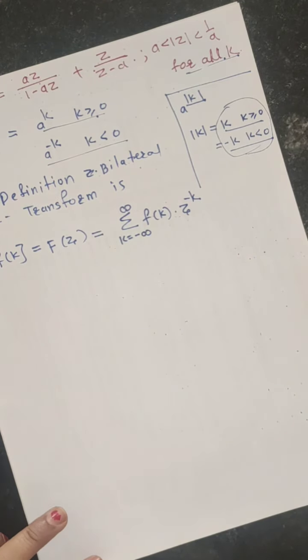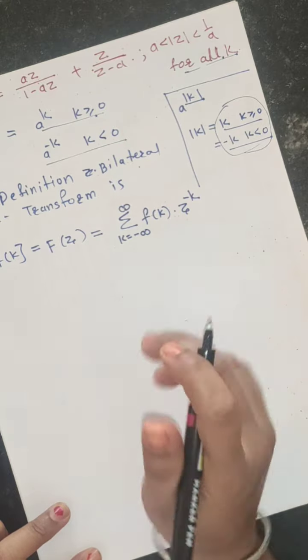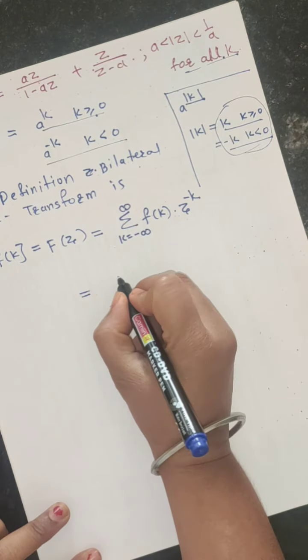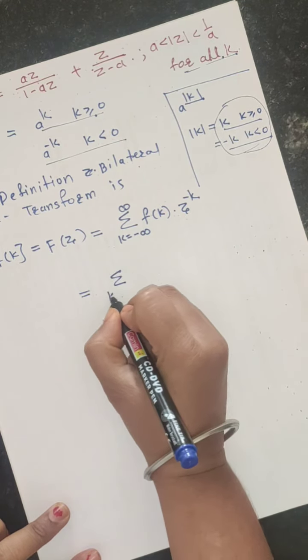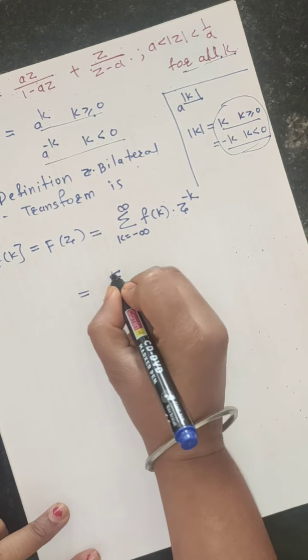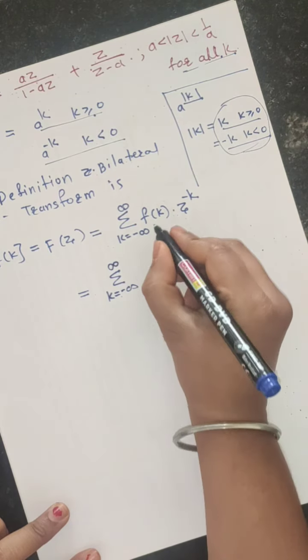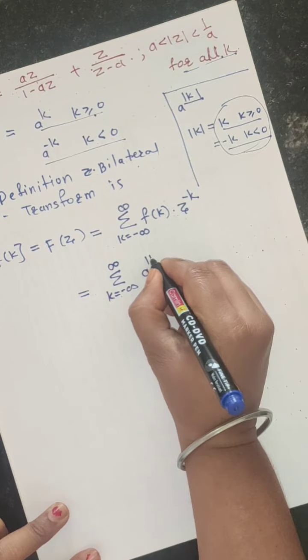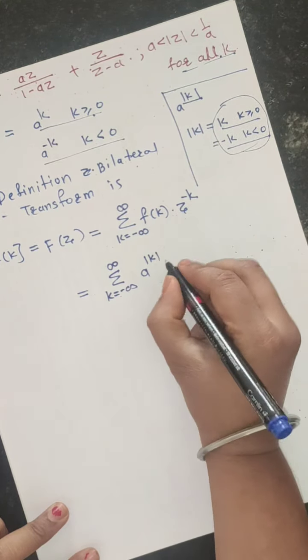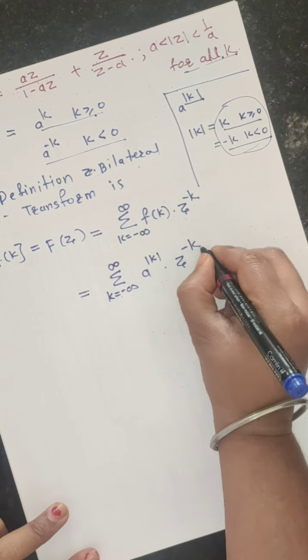Now we substitute the value of the sequence f of k. So first we write k from minus infinity to infinity, f of k is a raised to modulus of k, into z raised to minus k.